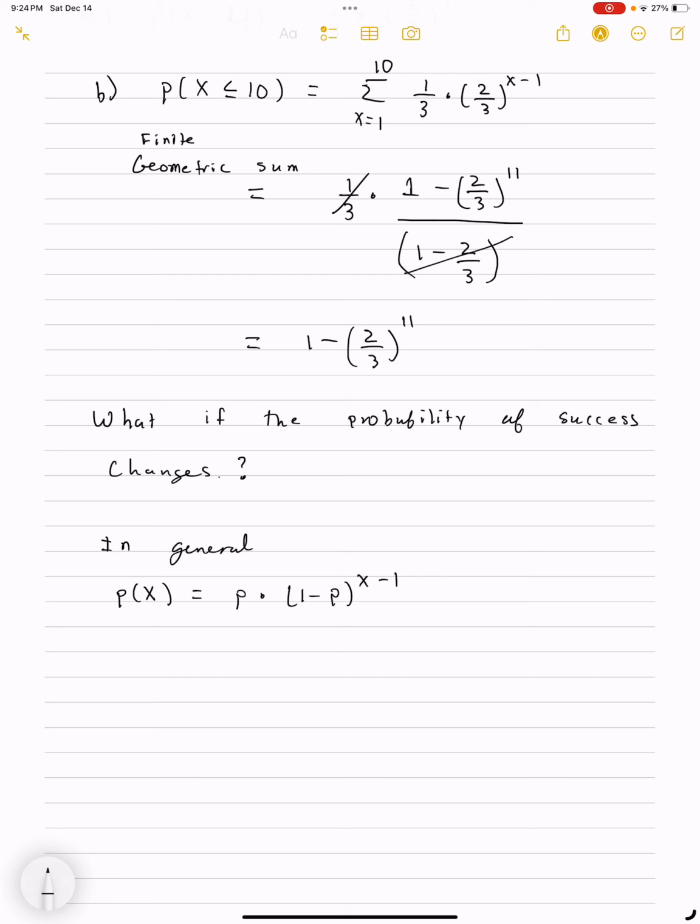F of x, which is the cumulative, is going to be 1 minus 1 minus p to the x plus 1.